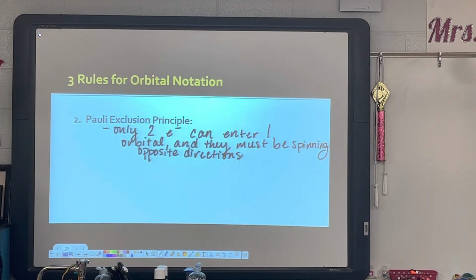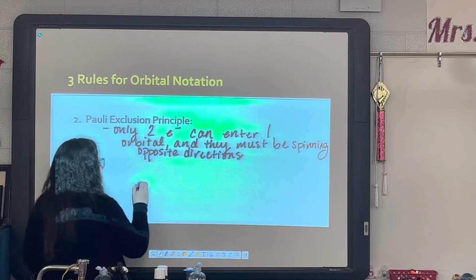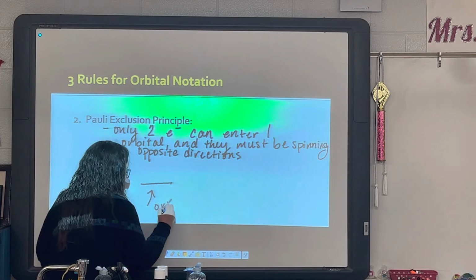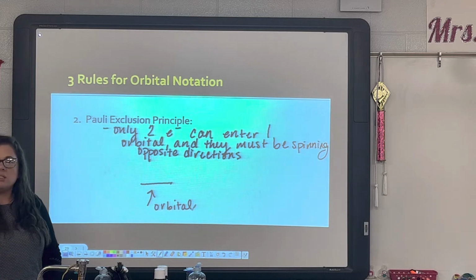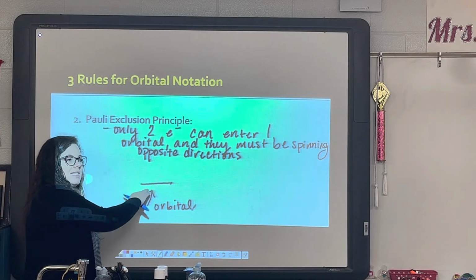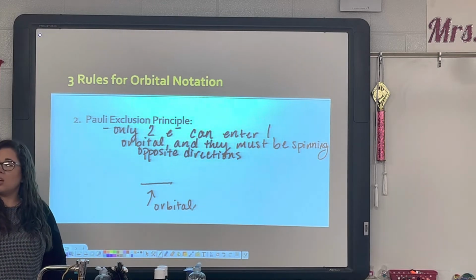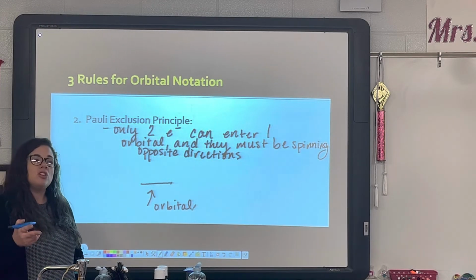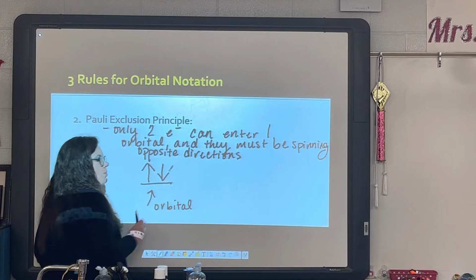So electrons are spinning. Alright, and for them to share the same orbital space, they're going to have to be spinning opposite directions. So how we're going to represent an orbital is with a dash. So this is going to be an orbital. Alright, and we can only put 2 electrons in each of these orbitals. So each of these dashes can only have 2 electrons. So we're going to show electrons as arrows. To show that they're spinning opposite directions, we're going to have one arrow go up and one arrow go down.